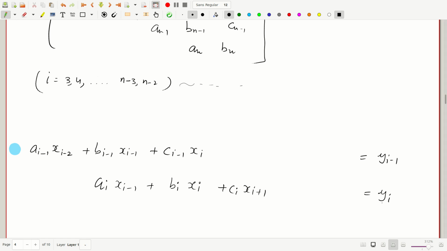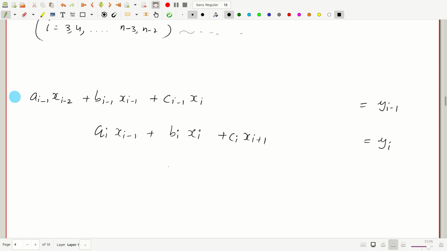Now the i plus 1th equation will be ai plus 1 xi, plus bi plus 1 xi plus 1, plus ci plus 1 xi plus 2, equals yi plus 1. So we have all these 3 equations: the i minus 1th, ith, and i plus 1th.